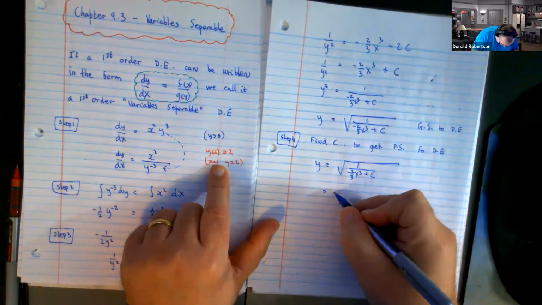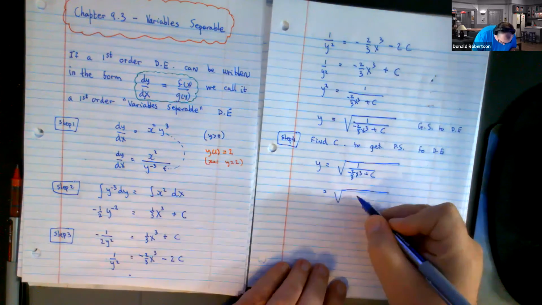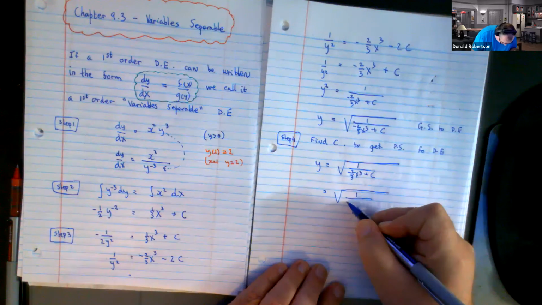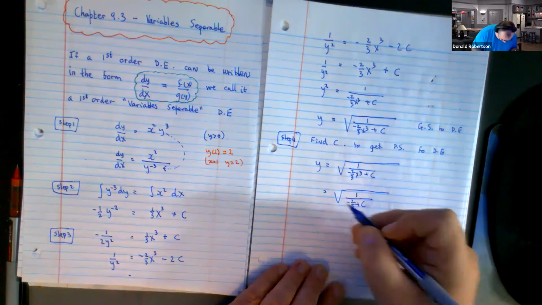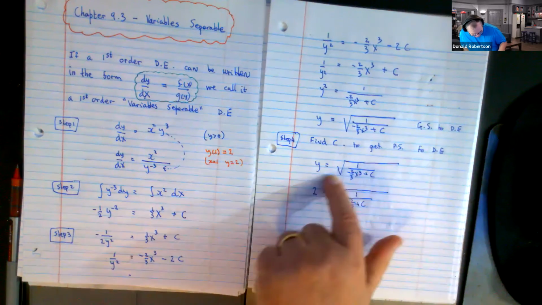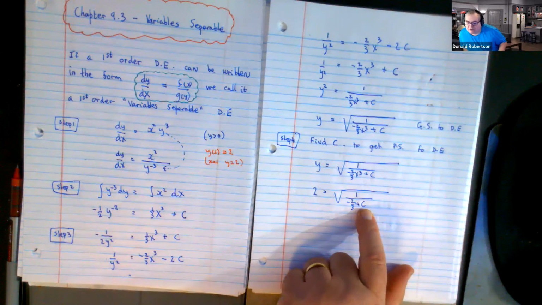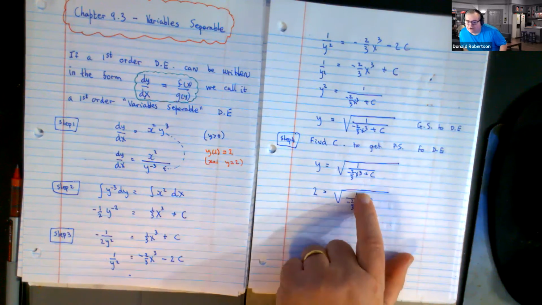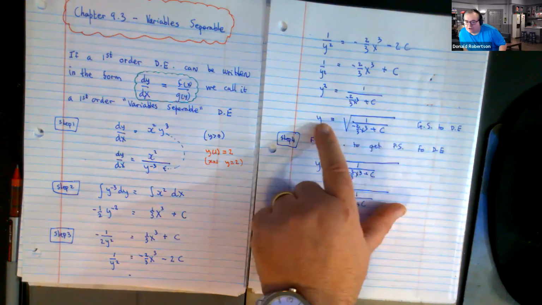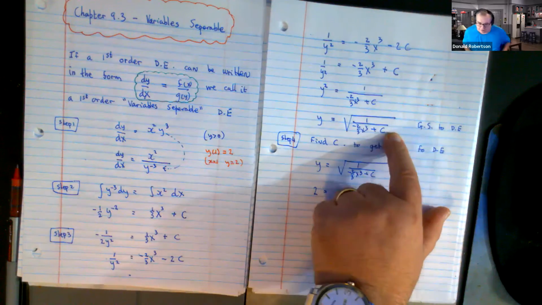What does that get me? Well, 1 cubed is still 1, so I get negative 2/3 add c, and you tell me y is 2. And when I solve this equation, I will find c. And when I find c, I can then return to here and replace it with the number, and we will now have our particular solution.